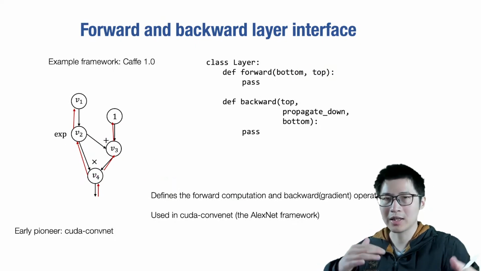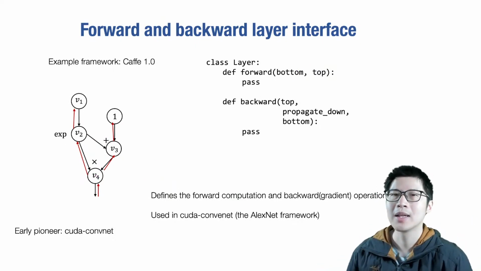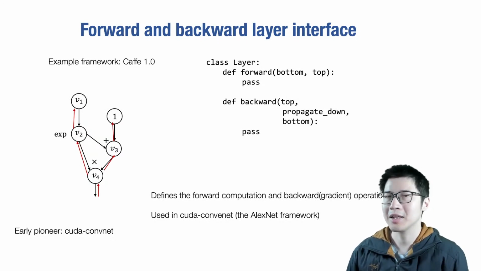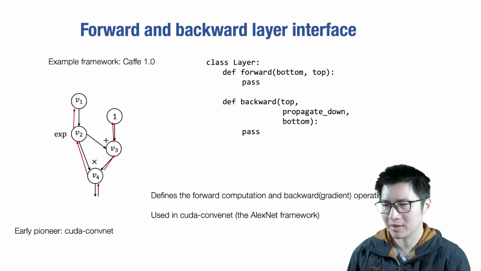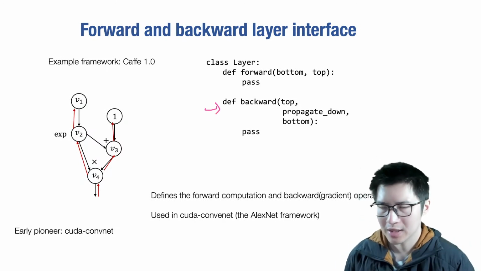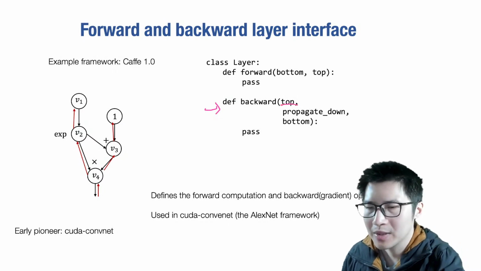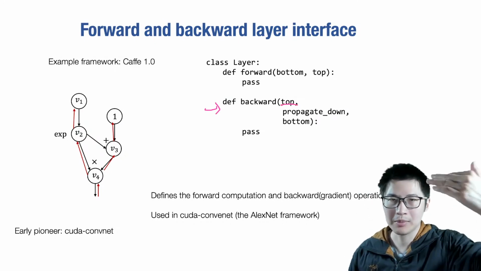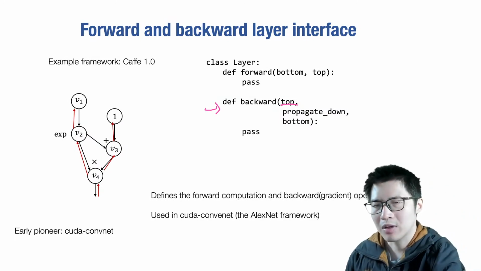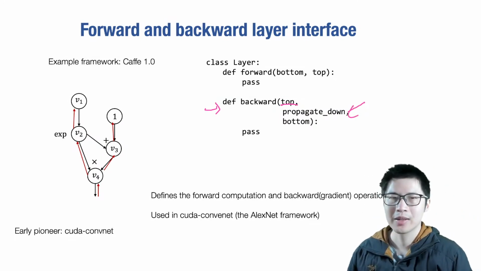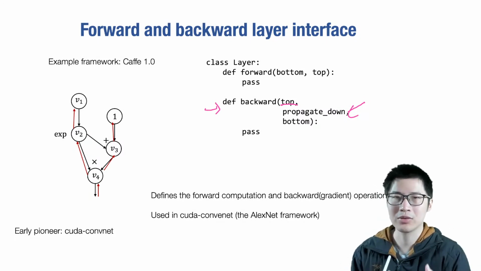Of course, this is only running a forward computation. In order to compute the updates, we still need to do the gradient computations, set the weight gradient, and use the weight gradient to do the update. So that's where the backward function comes in. Usually in Caffe, the top contains the gradient from the output, and there's a propagate down field that is used to indicate whether or not we want to propagate a gradient to the input.